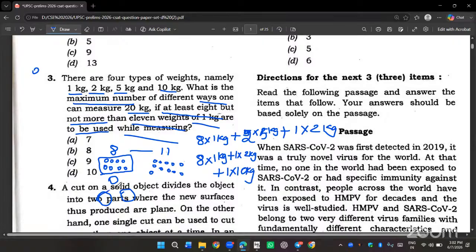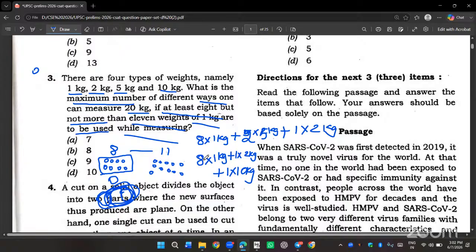So here instead of using 2 5 kg weights, I can use 1 10 kg weight. So here also I get the 20 kg. In that way only, you have to solve this. You have to do this many times.